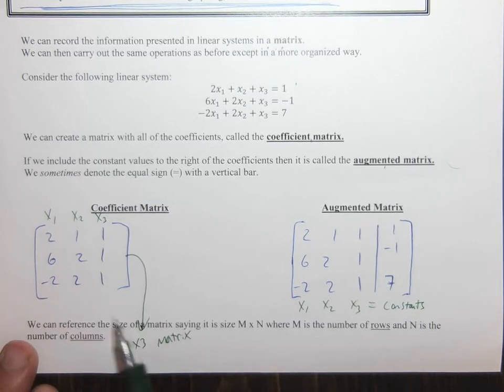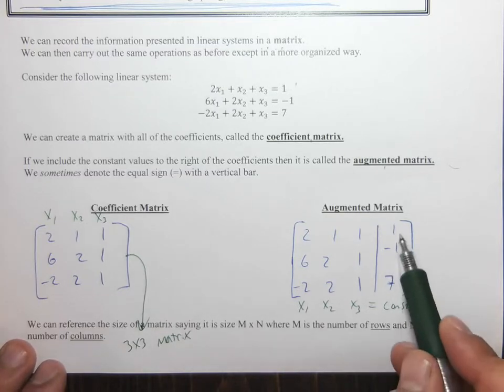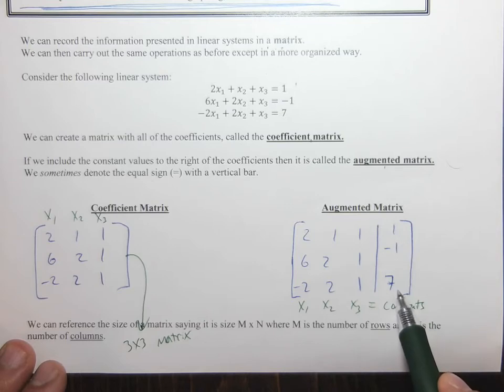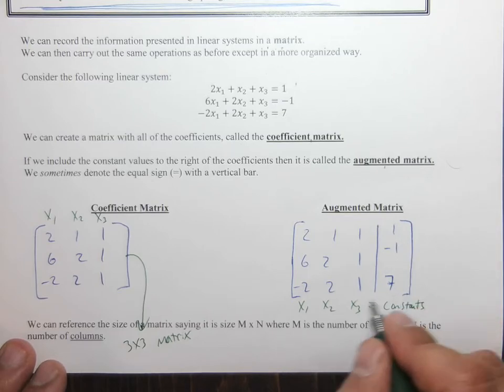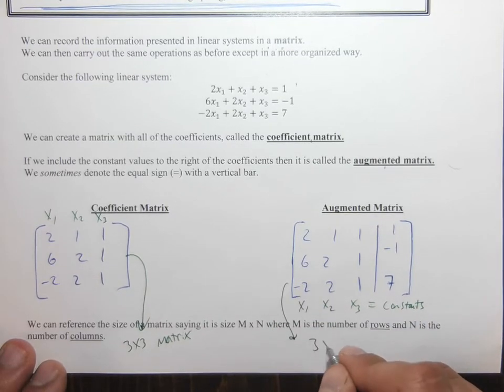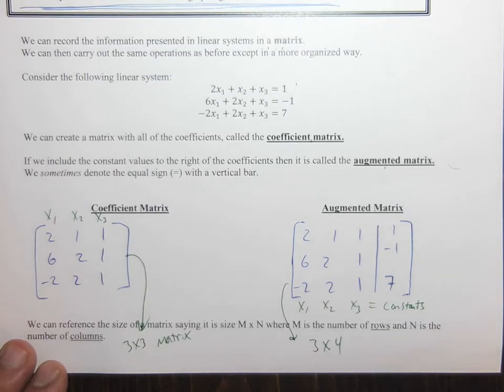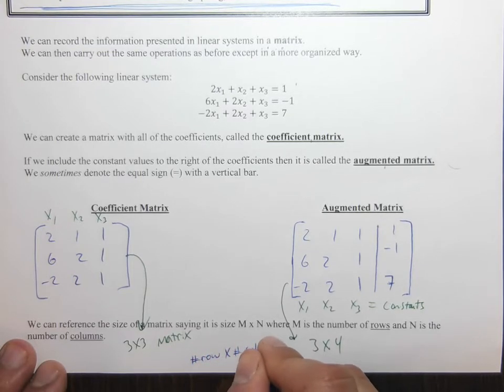We'd also call that square because it has as many rows as columns. This one here has an extra column because we included the constant, so it would be 3 rows and 4 columns. To be clear, we do number of rows by number of columns.